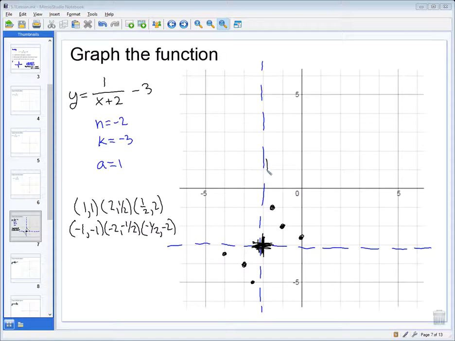You can see that our graph curves through these points and gets really close to these asymptotes. And there's the graph of our function.